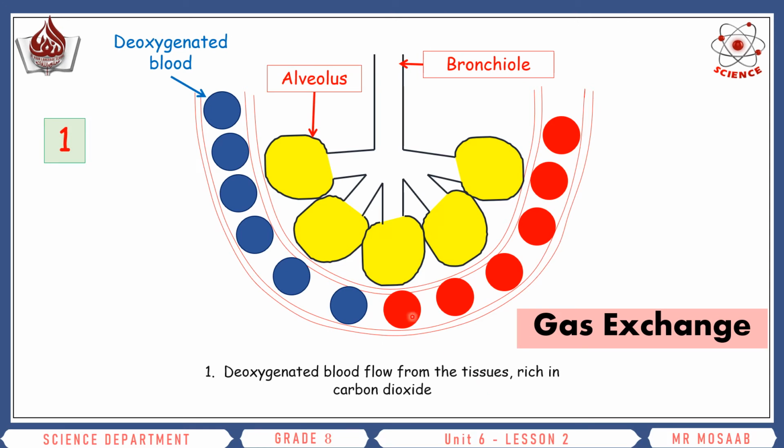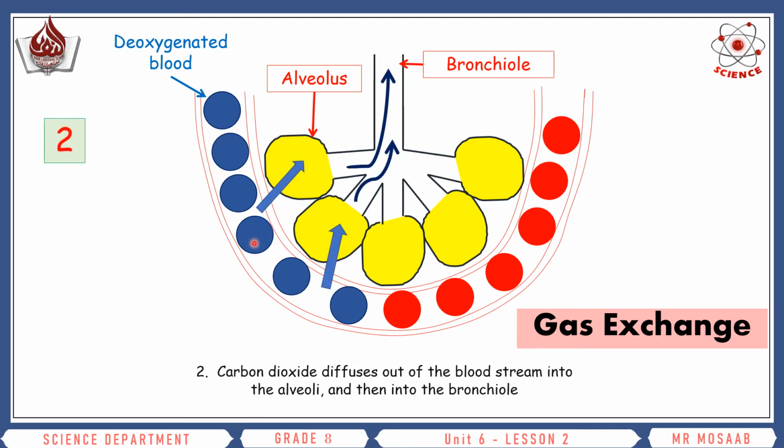First, deoxygenated blood flows from the tissues, from the body parts, rich in carbon dioxide. This blood, which is coming this way, has a high concentration of carbon dioxide.